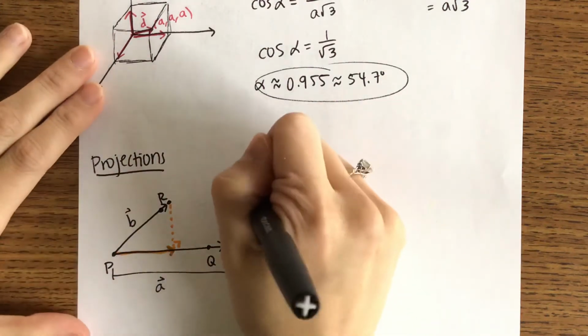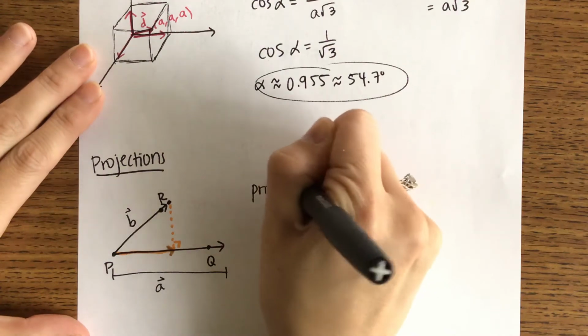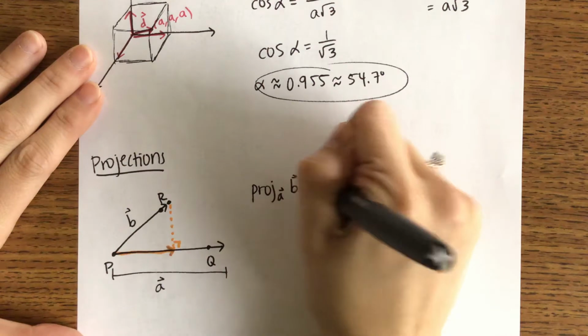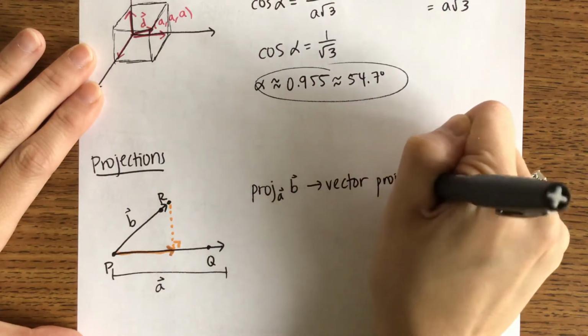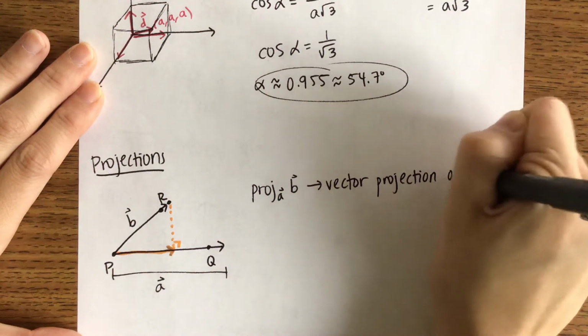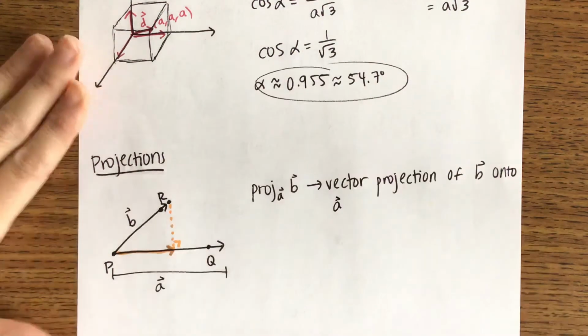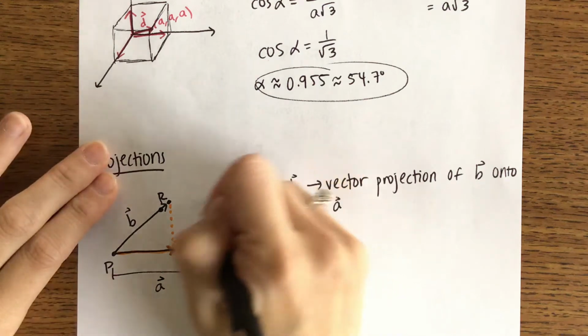So we have a few different things that are going on. This is the notation for projection. So this is saying we are taking the vector projection of B onto A. So it's kind of like B's shadow onto A. So that would be this orange one right here that I drew in.